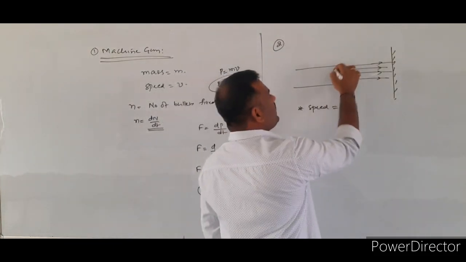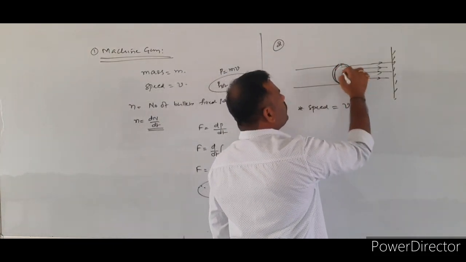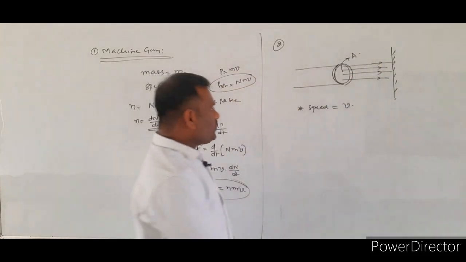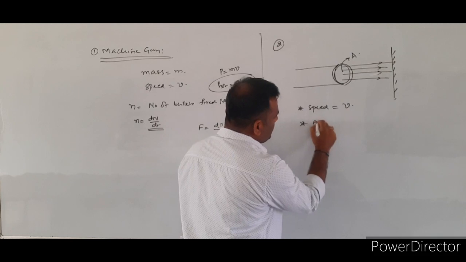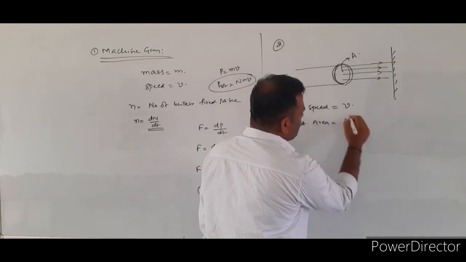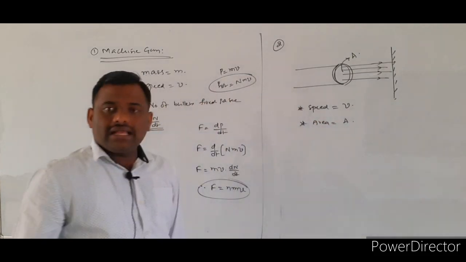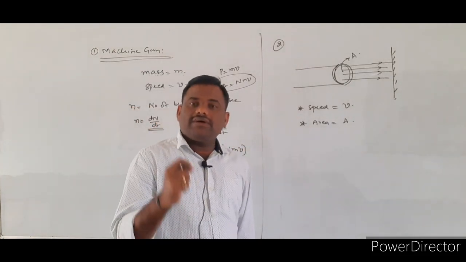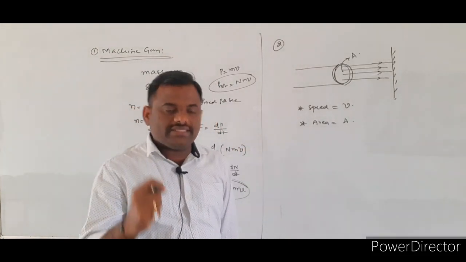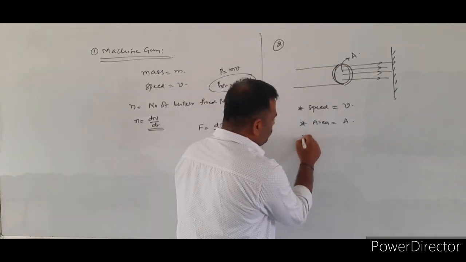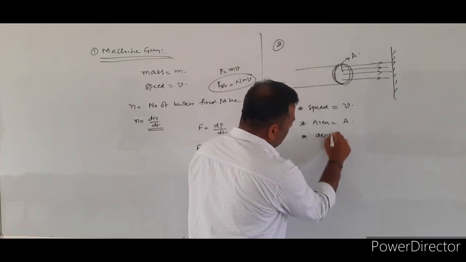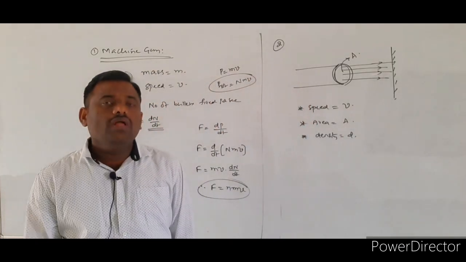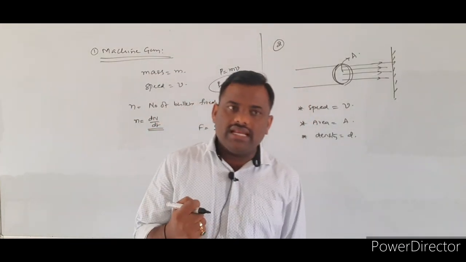Here a pipe is considered whose area of cross section we will assume as capital A. So the area of cross section of the given pipe is capital A. And the water itself will have some density, so we assume the density of the water is equal to D. Now what value are we going to calculate?